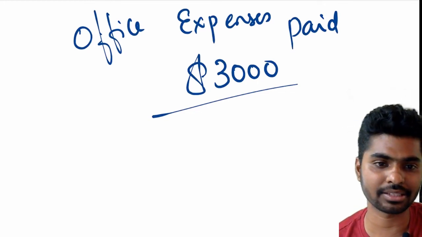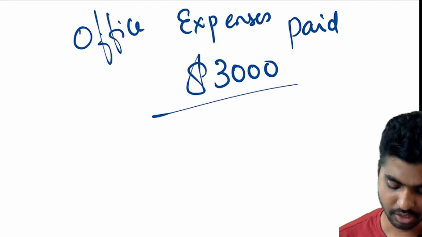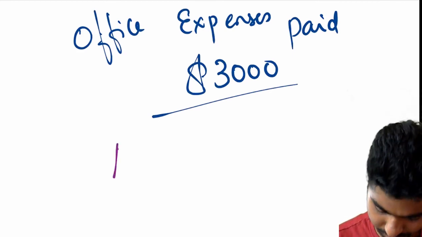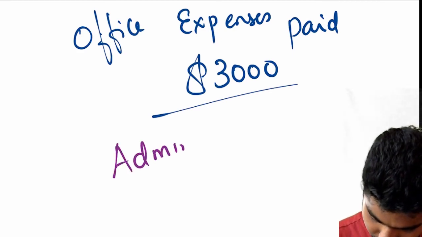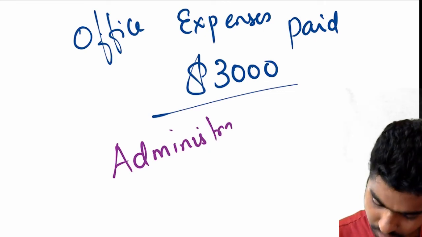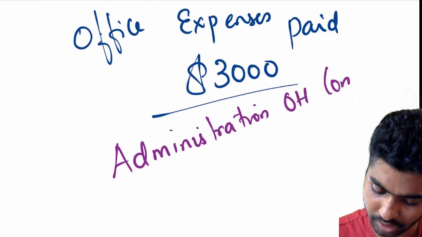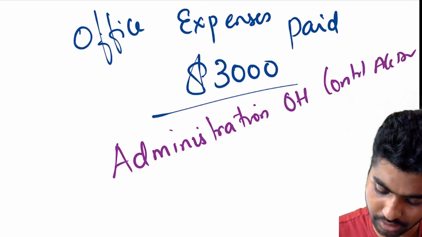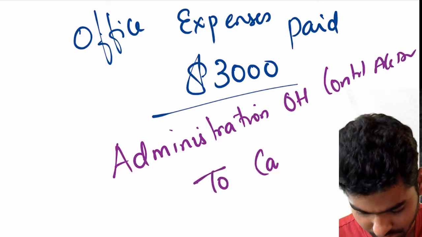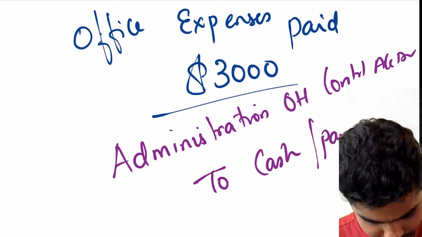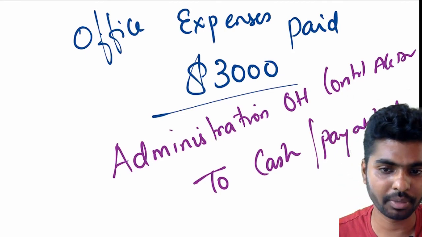Office expense is an administration expense. So the journal entry becomes administration overhead control account debit to cash or payables account.